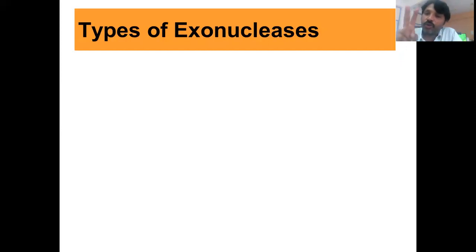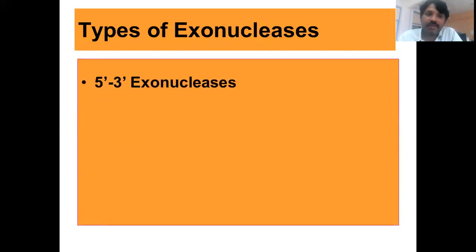They are classified into two categories: 5' to 3' exonucleases and 3' to 5' exonucleases, depending on whether they start from the 5' terminus or the 3' terminus.